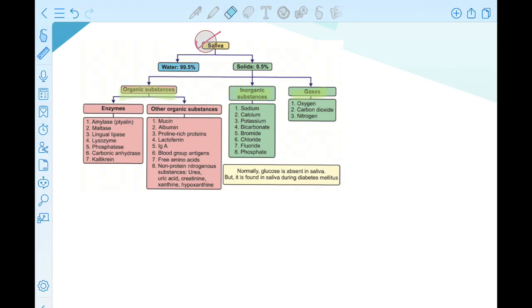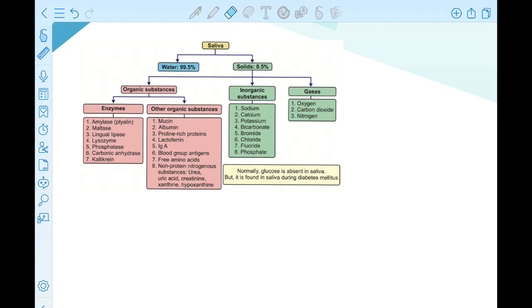If you can learn this particular method of writing the composition, you can write the same thing for gastric juice, same thing for pancreas. I do not mean that you can write the same list of items given here, but the way it is shown: water, how much percentage, solids, how much percentage. Then again, solids can be divided into organic substance, inorganic substance, and gases, and then organic substances into enzymes and other organic substances.